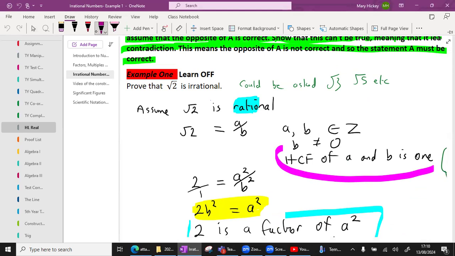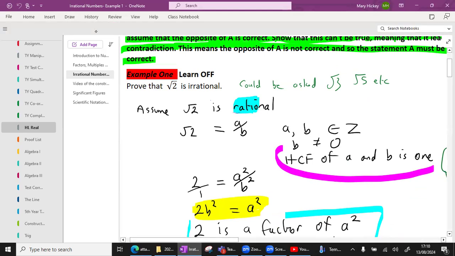So what we're saying is, if it is rational, it can be written as a fraction. So we write something that looks like a fraction, something over something else, because that's what fractions look like. Now, a and b are elements of Z. In other words, they are whole numbers, positive or negative. We're saying that b can't be 0, because we can't divide by 0.